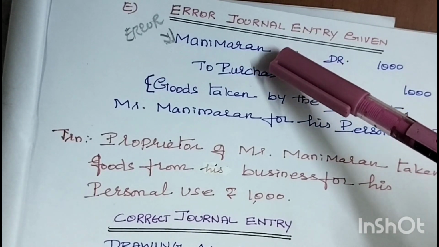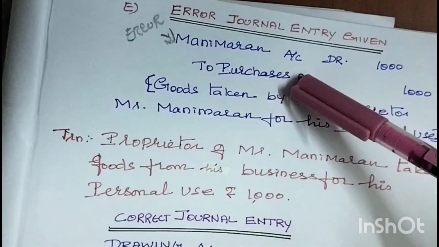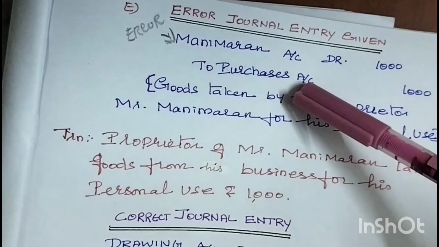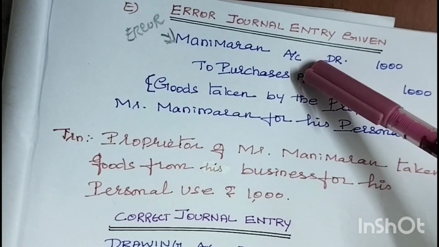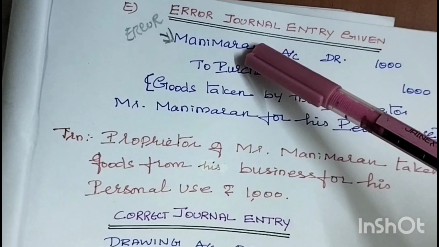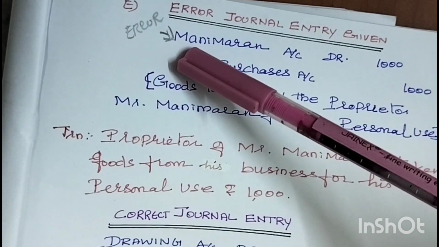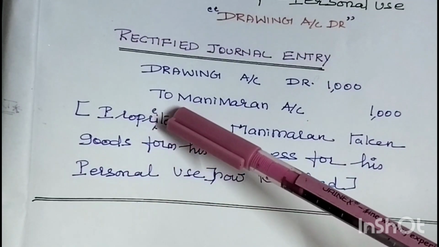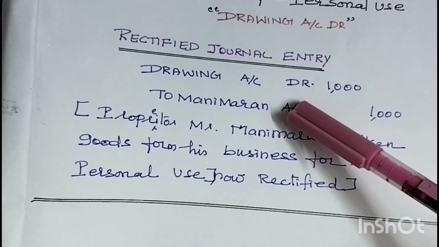For example, if we have the error on the credit side, we have to debit it. Then only the error will be rectified. Now we have the error on the debit side, so we have to credit it. Do you understand? Okay. So we credit the Manimaran account, to Manimaran account 1,000 rupees. Now the error is rectified.